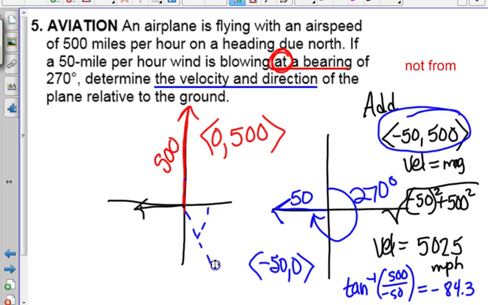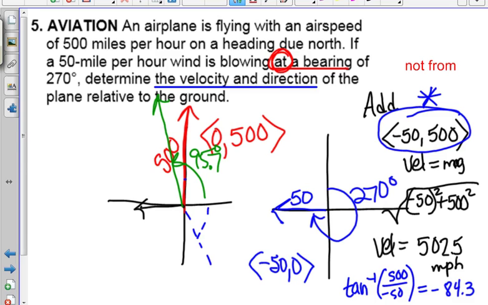The calculator is confused. This vector is not in quadrant 4. What do we have to do? Add 180, okay. Unfortunately, that's not going to be the answer. So, the plane, just a minute. The plane is going here, okay? 95 degrees, 0.7. Did someone get that? Okay. That makes sense, yes? That it would shove the plane off course a little bit. Okay.